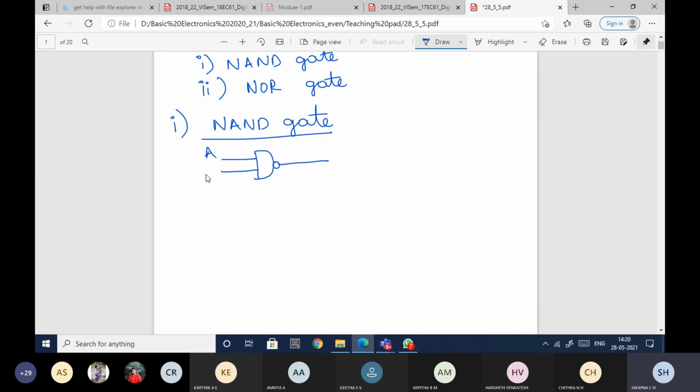So if I have A, B, then my output will be A dot B whole complement, right? A B whole complement. This is nothing but a NAND gate. Okay, so using this NAND gate we'll be able to implement any function. That is the reason we are calling NAND gate as universal gate.